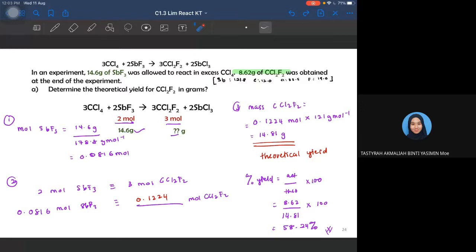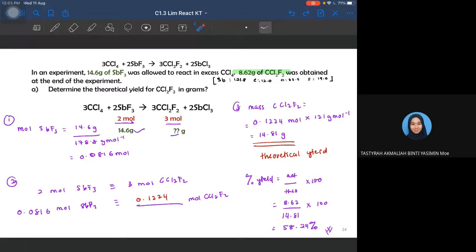Tak perlu tunjuk pun, kamu terus tunjuk final answer 2. Contohlah. Okay, boleh? Kamu just kena tunjuk important step macam ni je. Okay, yang penting selagi belum final answer, jangan bundar. Especially yang melibatkan mol. Sebab mol dia akan affect your last value tu.